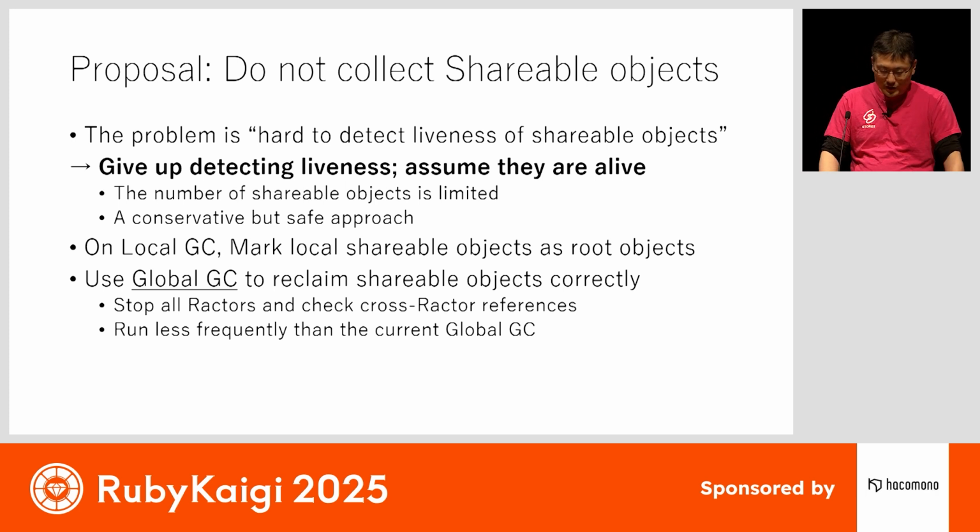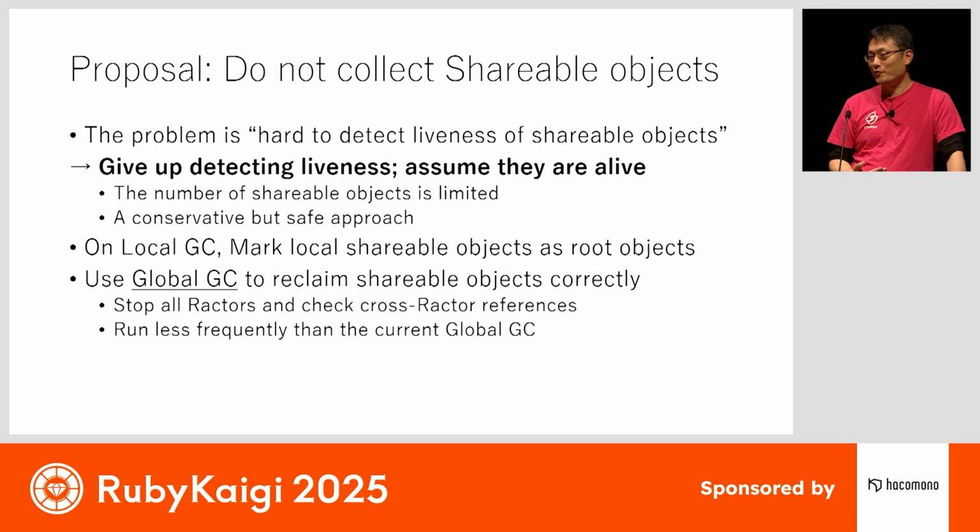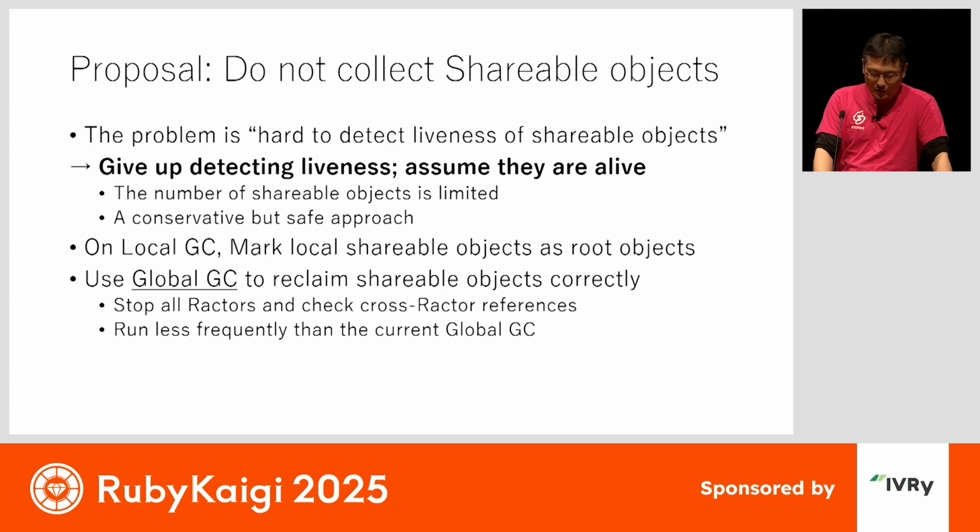Because it's really hard to track cross-Ractor references safely, instead we assume the shareable objects are always alive during local GC. This algorithm works because the number of shareable objects is small enough, and we treat them as root objects during Ractor local GC.